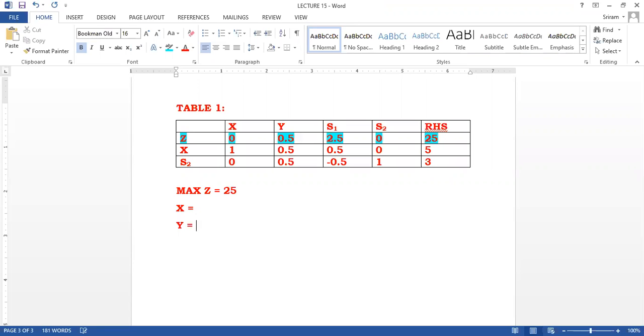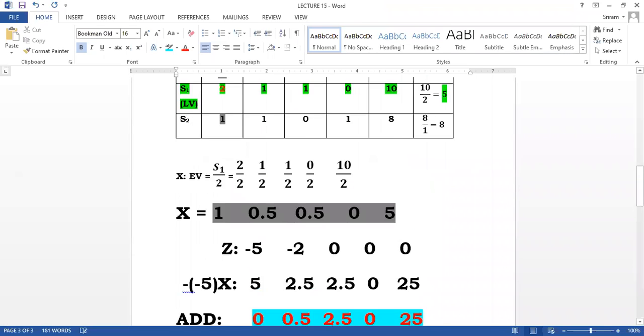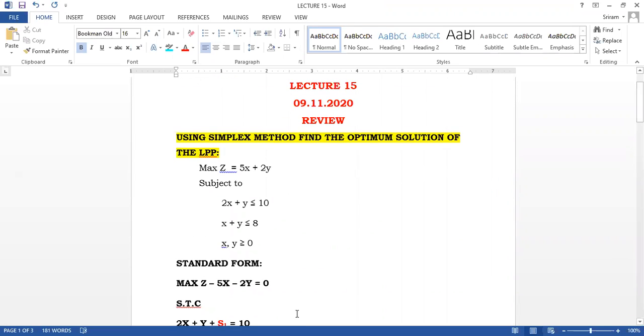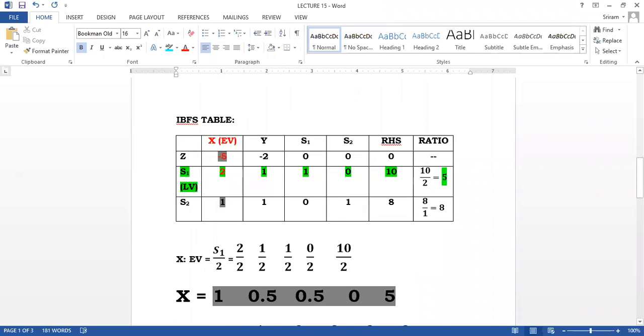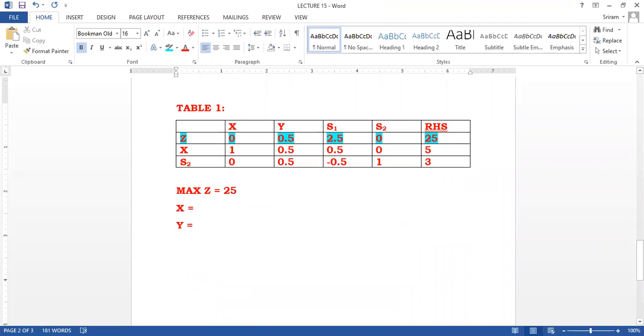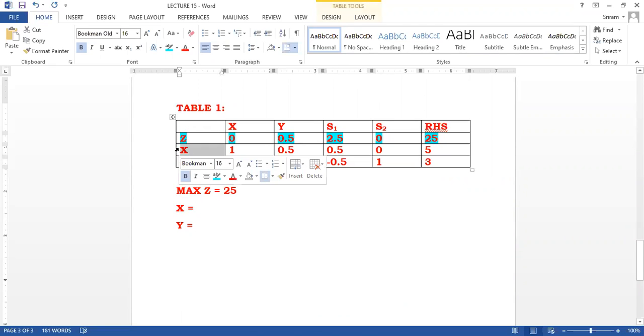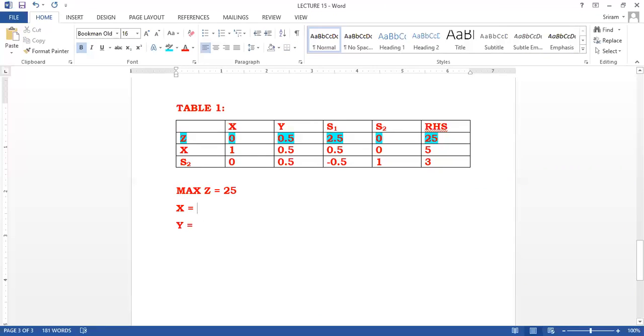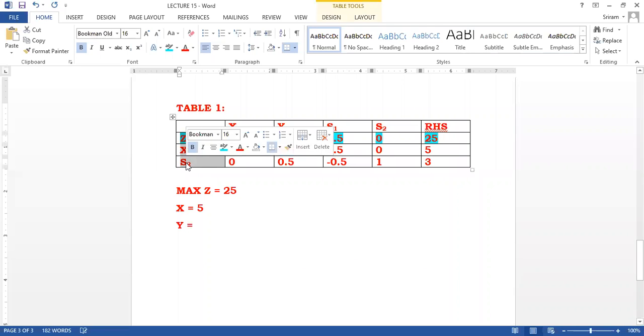I am going to check the value of X and the value of Y, because in our equation, maximum Z is equal to 5X plus 2Y. The right hand side of X is 5, so the value of X is 5. There is no Y in the variable list.